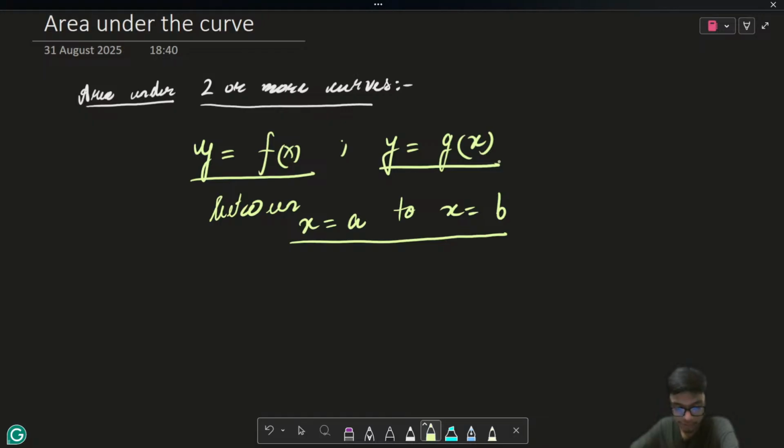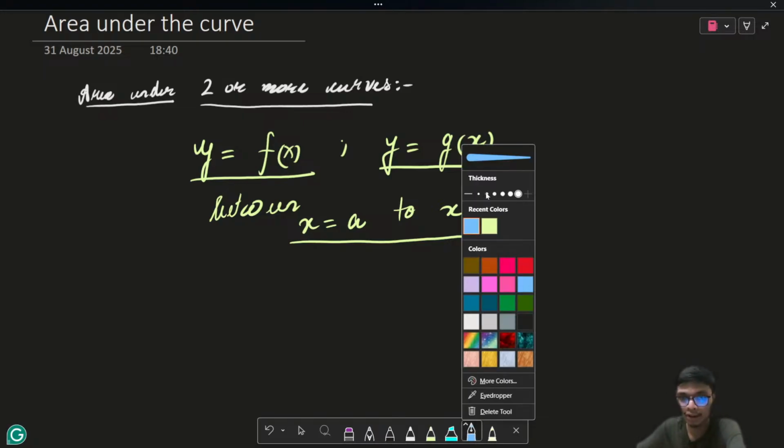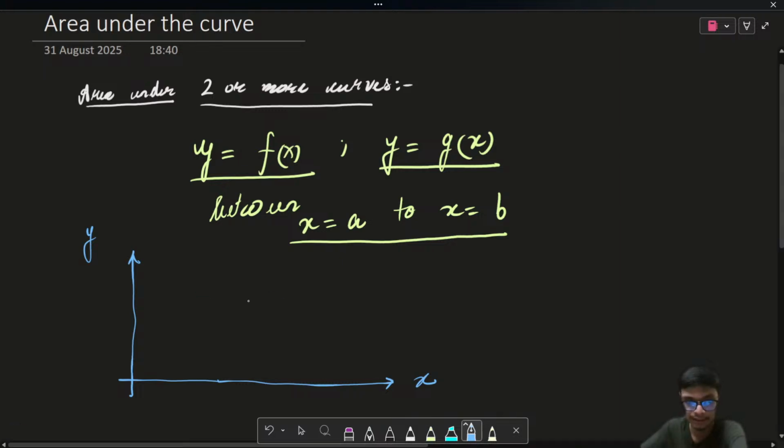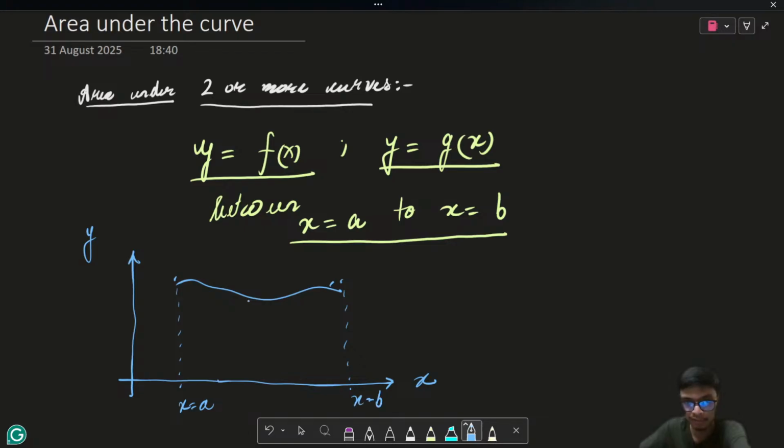In order to deal with this question, let us first try to analyze what this means graphically. If I try to draw the curves of both the functions, let us say this is my first function from x equals a to x equals b, y is equal to f of x.